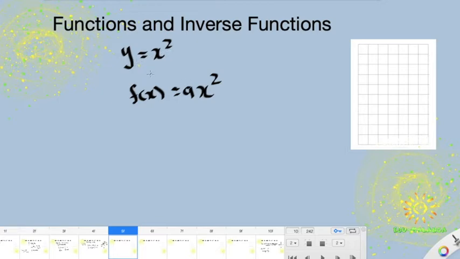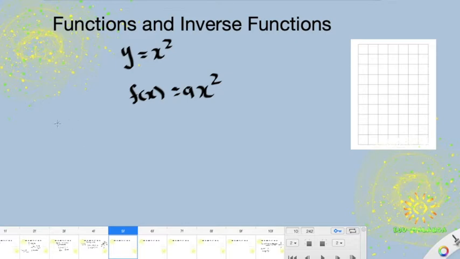I'm going to plot this so I can show you how we're going to see whether or not a parabola is a function and what kind of function it is. We said a straight line was a one-to-one function simply because one x value corresponded to only one y value.